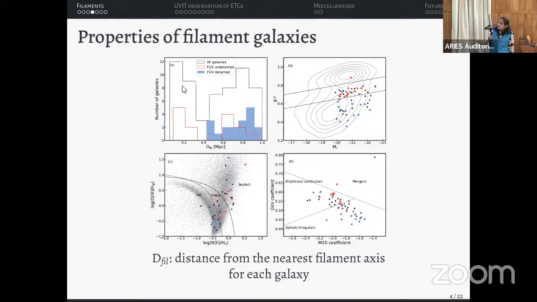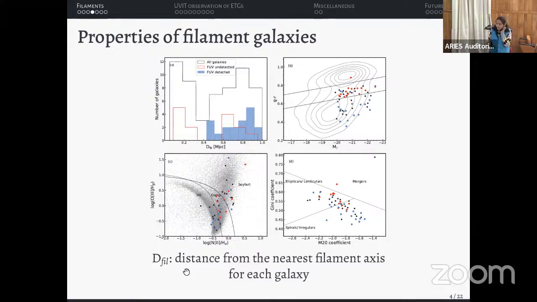When we look at the star forming properties of these galaxies, the G minus R color for the blue ones is bluer, and the galaxies which were undetected have a redder color, which tells that the star formation rate of the galaxies in the outer part of the filament is higher than the galaxies present in the inner region.